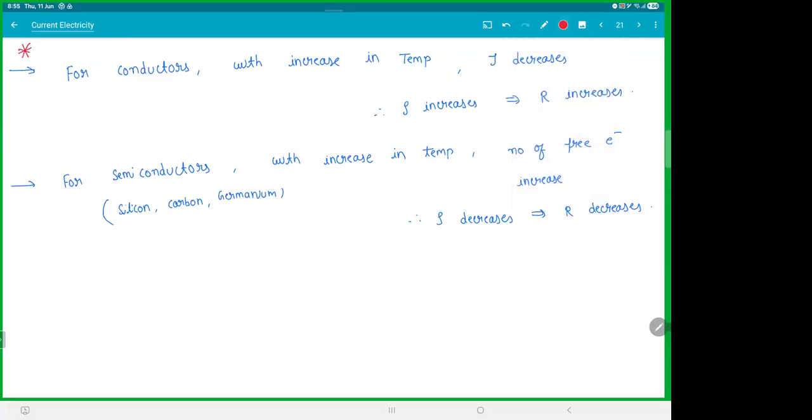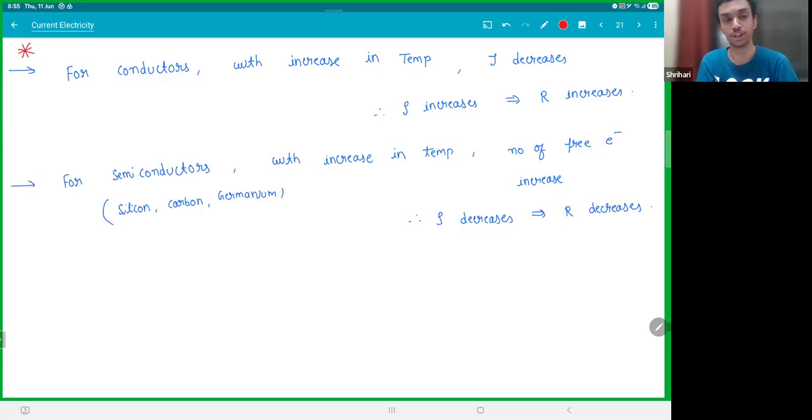There have been theoretical questions like this. Do you remember, in one more chapter of physics, with increase in temperature something increases and something decreases? Anyone remember what that is? For some materials it increases, for some it decreases. The coefficient of expansion?